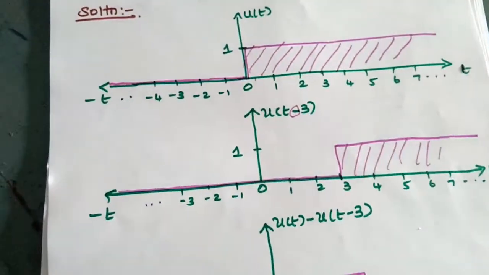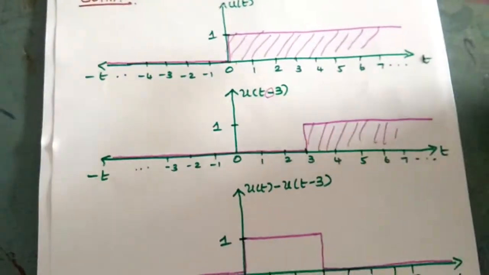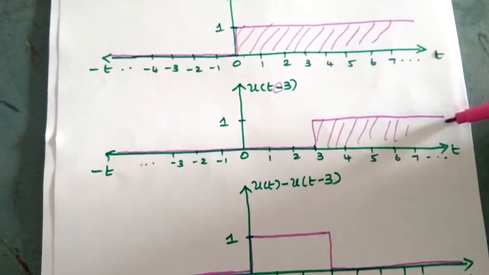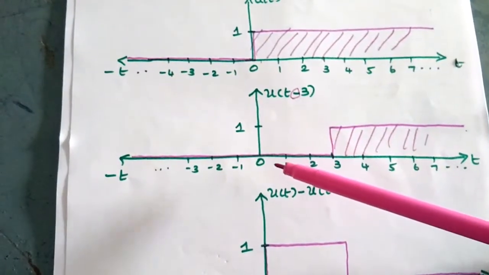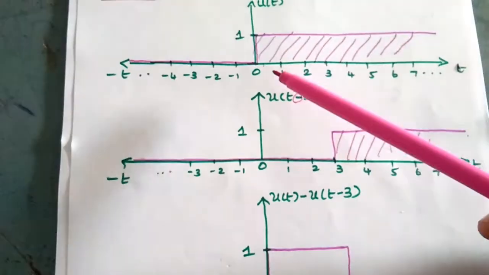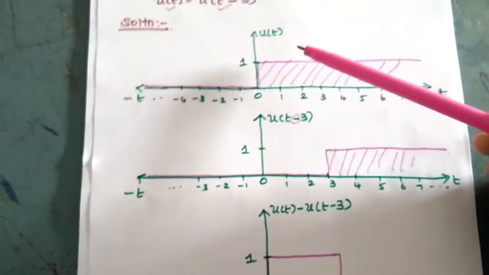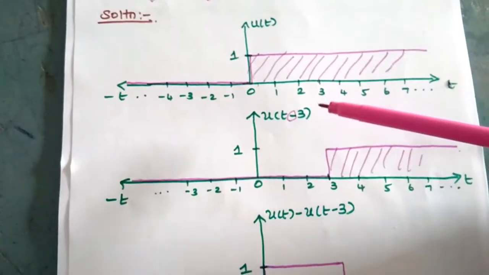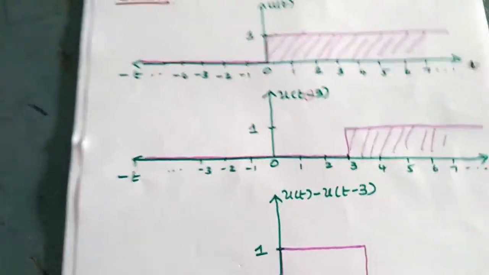Correct? So the next step is we are going to find u of t minus u of t minus 3. So we are going to subtract this signal from this one. Consider the time t equal to 0, here t equal to 1. So u of t minus u of t minus 3 means till 0 its value is 0.